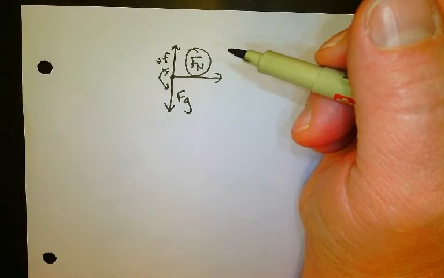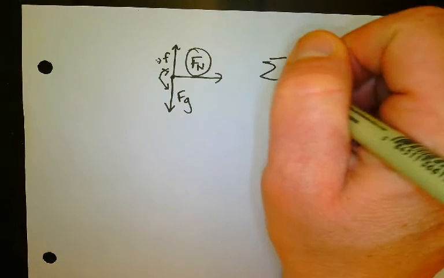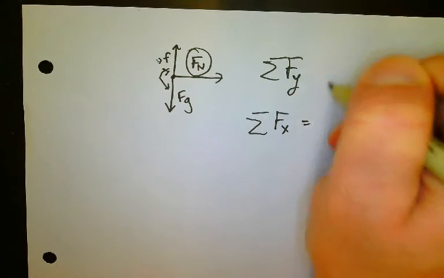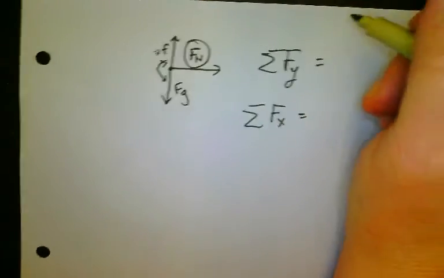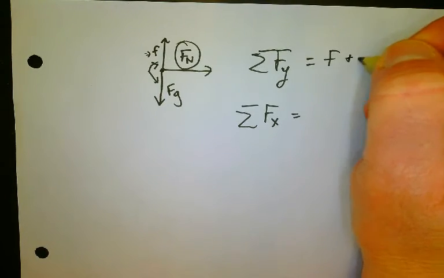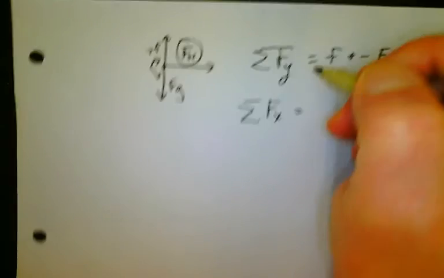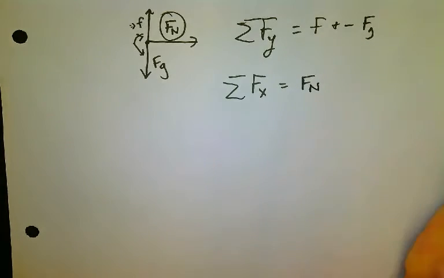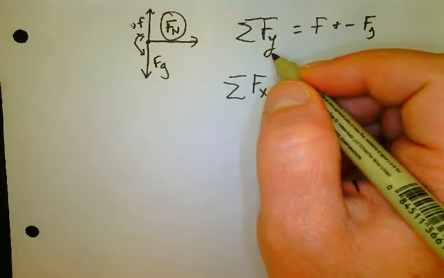So let's go ahead and calculate this. We're going to have to do it on 2 different levels. We're going to have to do a y one, and we're going to have to do an x one. So our forces in the y direction are friction and gravity, and our force in the x direction is just force normal. So which one is involved in our circular motion?